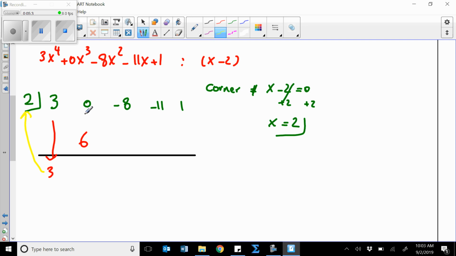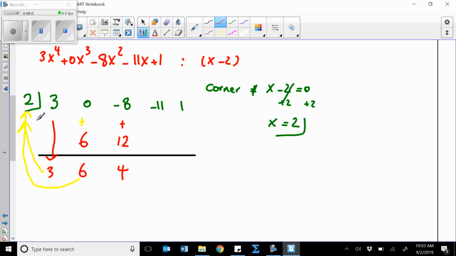Then we add this column. 0 plus 6 is 6. The next step is again multiply 6 by 2. 6 by 2 is 12. So I'm going to write that down here below negative 8. Now we add them. Negative 8 plus 12 is positive 4.